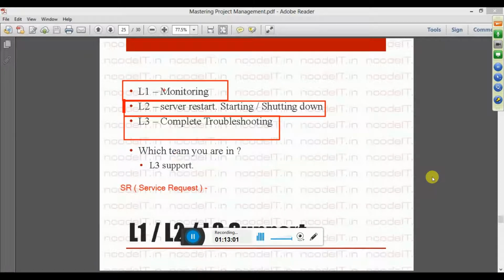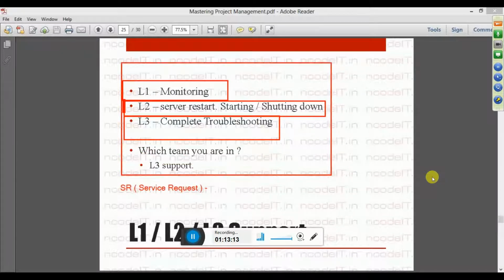So in your project, for projects where there are small teams, like the project that we are talking about, a 10-member team, L1, L2, L3, all three supports are done by a single team. Means we don't have a separate team that does the monitoring, a separate team that does the server startup and shutdown, and a separate team that does only troubleshooting.